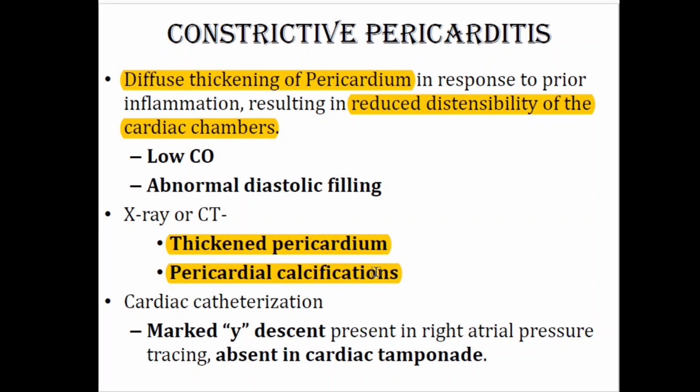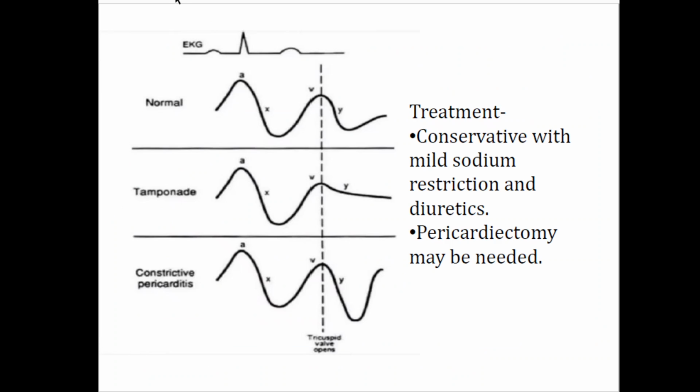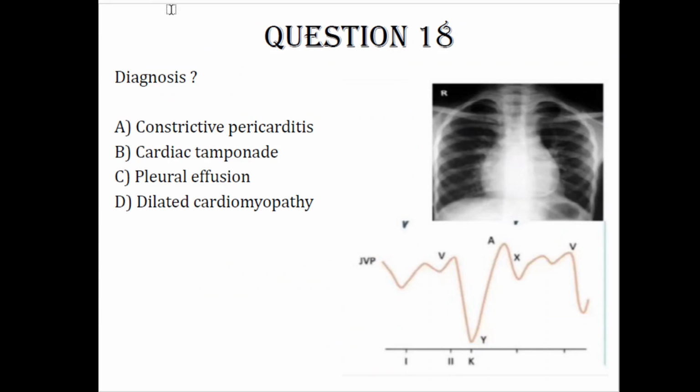But the most important finding that they mentioned here was that on cardiac catheterization there is a marked Y descent present in the right atrial pressure tracing. See here, there is a marked Y descent.